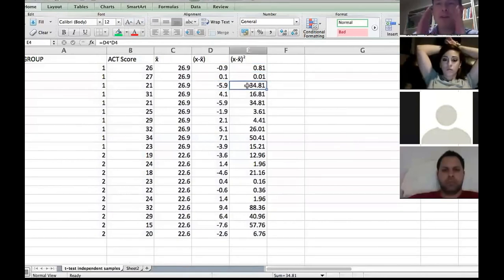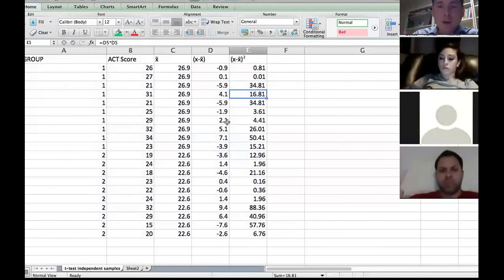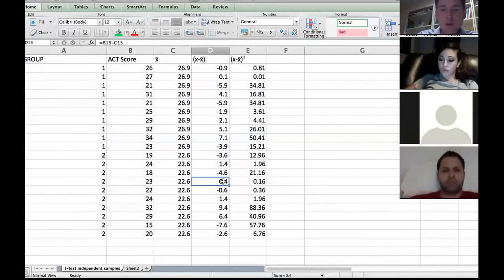Wow, that becomes a 34 points difference, a huge difference. The 4 is a 16-point difference. But then if you look at a 2, that's only 4 points. 7 is 50 points. So you can see how if they are a little bit further away, they get even further away when squared. If they're closer, they get even closer. So 0.4 becomes 0.16.